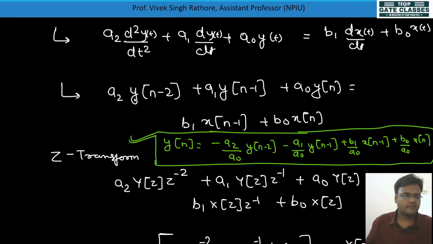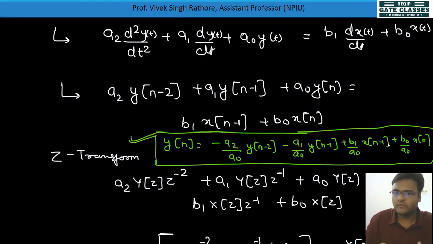See, we have seen a differential equation, we can do the difference equation of that, and now for a discrete time LTI system, what is y of n? y of n is the output. Output is nothing but just we have shifted to the right hand side, so we got this one. Now see what the output is dependent upon: y of n minus 2 means the previous second output, y of n minus 1 the just previous output, x of n minus 1 the past input, x of n the present input.